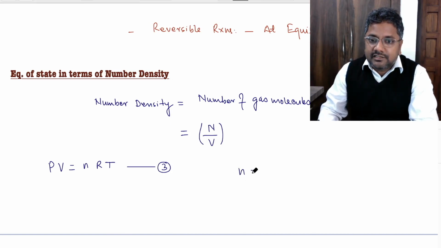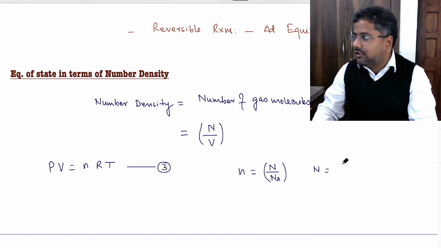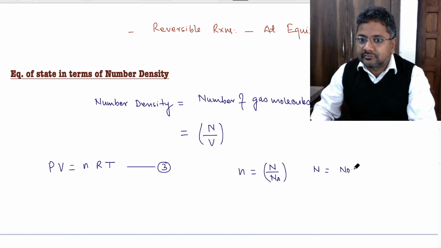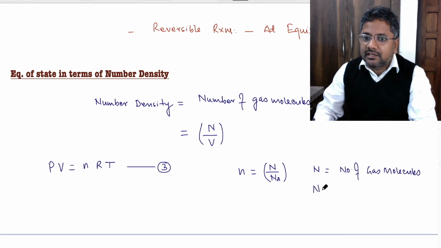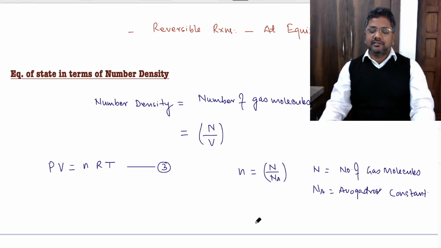Now this n we can write as n by Na, where n is the number of gas molecules, and Na is Avogadro's number, Avogadro's constant, right?